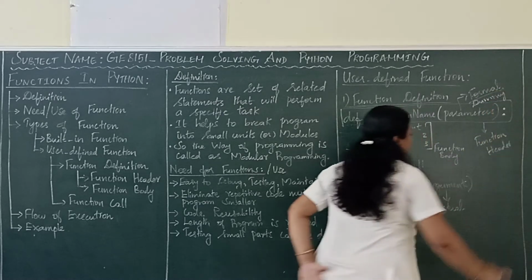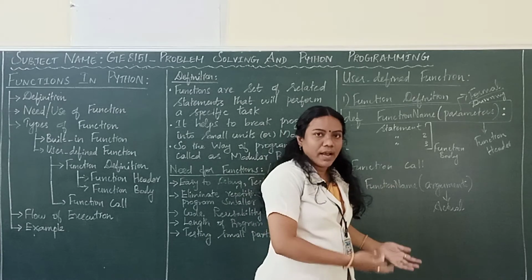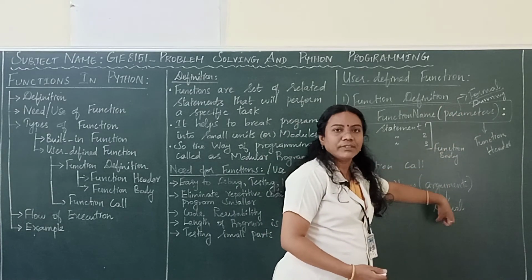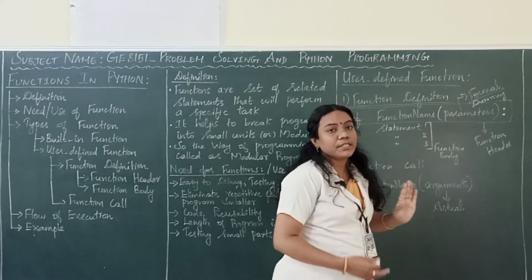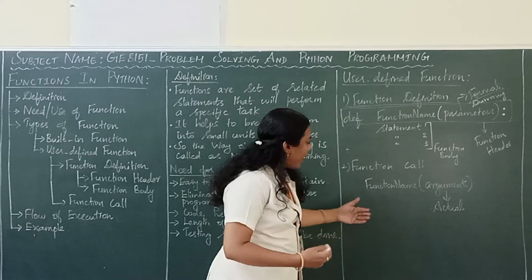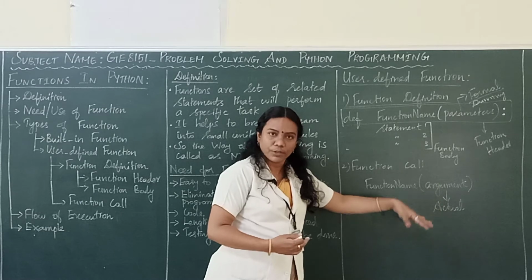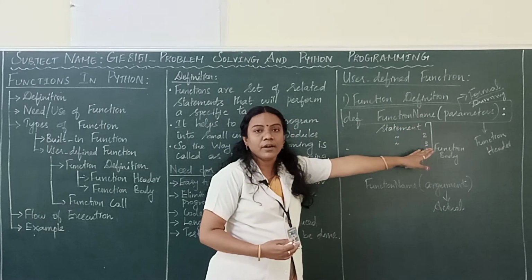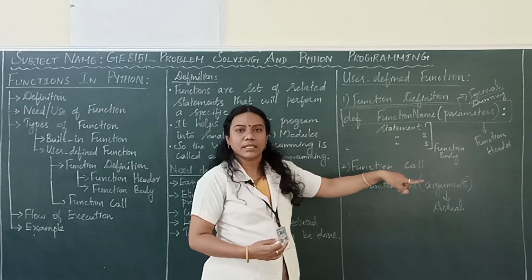From the function call, we are going to pass the actual value. Whenever the function is called, a copy of the actual value will be passed to the parameter, so it is called formal or dummy. The values present in the function call are called actual arguments, and the values present in the function header or function definition are called formal parameters.